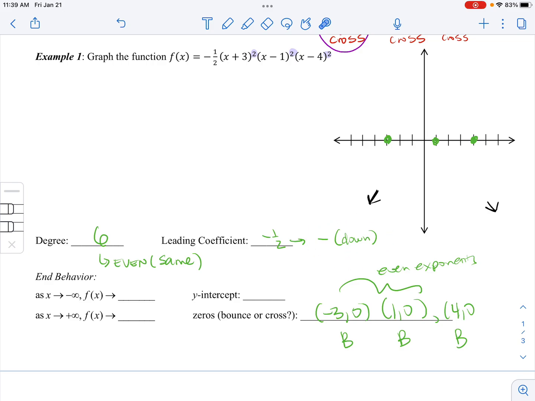So now I'm just going to follow the instructions. I've graphed everything, put in my arrows, and now I'm going to bounce all of these points. I'm just going to move this arrow a little bit over. Bounce is the opposite of going through. So it's not going through this point like I could do here. It's just bouncing off of that, kind of like throwing a ball at a wall.